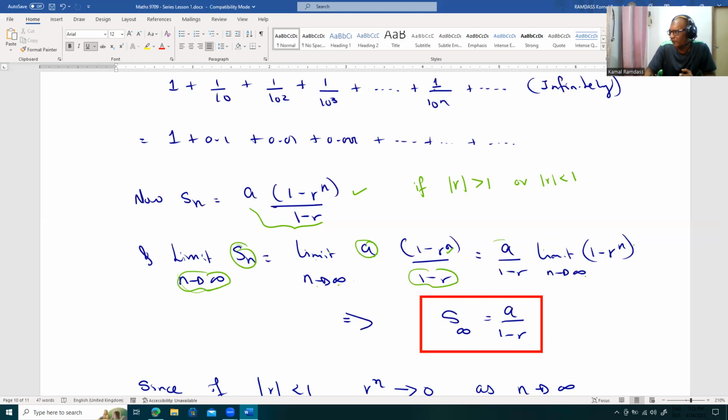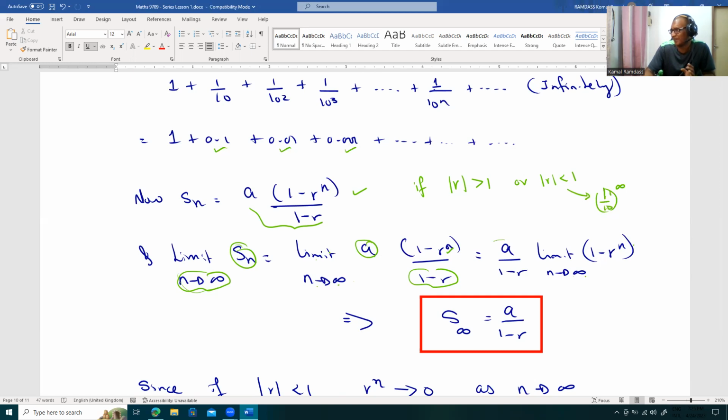Mais si modulus of R less than 1, un exemple, 1 over 10 to the power of infinity. Qu'est-ce qui peut arriver? Nous prenons un exemple là. Vous trouvez 1 over 10 peut venir 0.1, 0.01, 0.001. Et plus il peut augmenter, plus il peut venir petit.